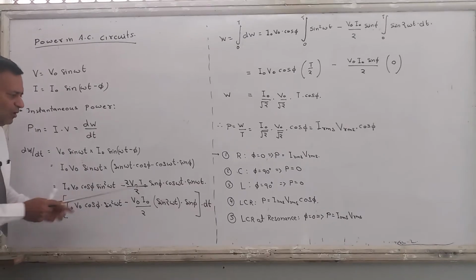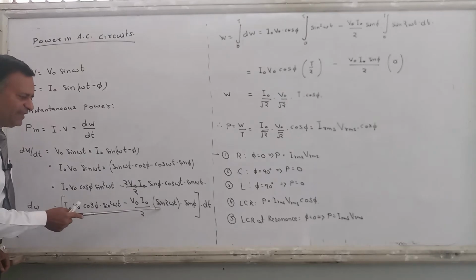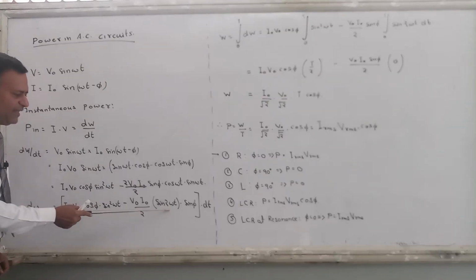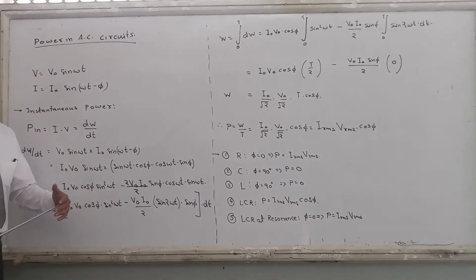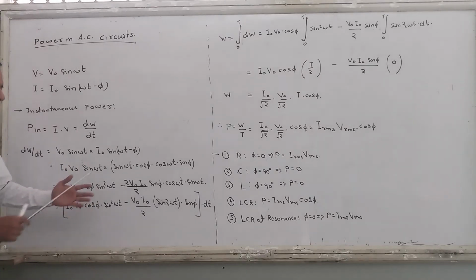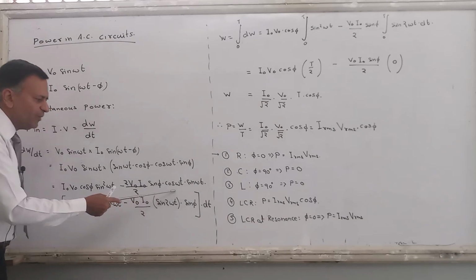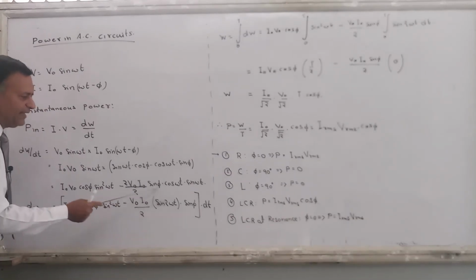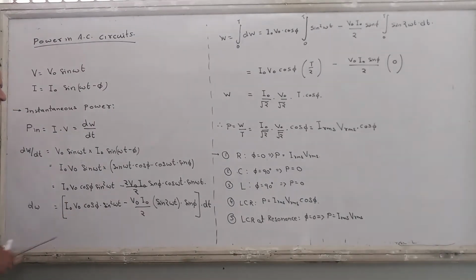Because see 2 cos omega t into sin omega t will make this sin 2 omega t. ठीक है ना? sin 2 theta का expansion क्या होता है? sin 2 theta is equal to 2 sin theta cos theta. So I have just taken the reverse of that. 2 sin omega t into cos omega t is equal to sin 2 omega t. Sin phi as it is and V0 I0 upon 2 is here.